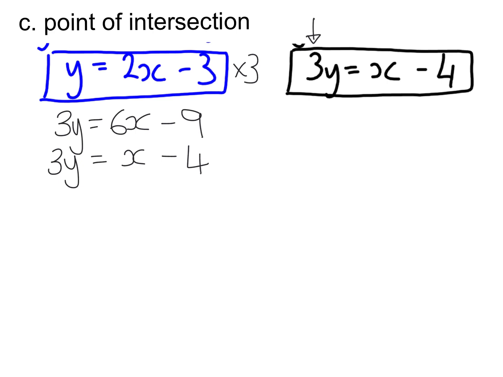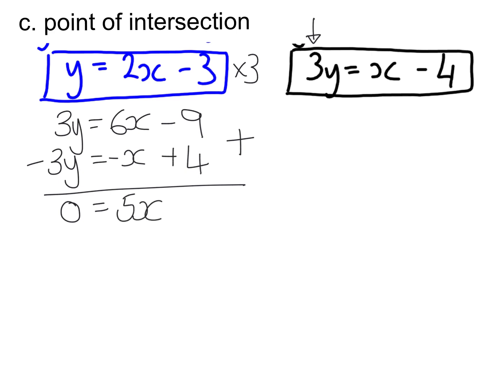But at this point, we should be able to do the simultaneous equations. If you're of the mindset where you really like to do 1 a plus 1 a minus, then why don't we times 1 through by a negative? We could easily make that negative 3y, negative x, and a plus 4. And then you just add these two together, which gives you a 0 for the y's. 6 minus x is 5x.